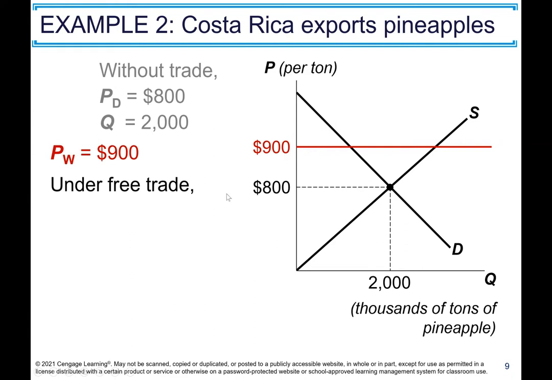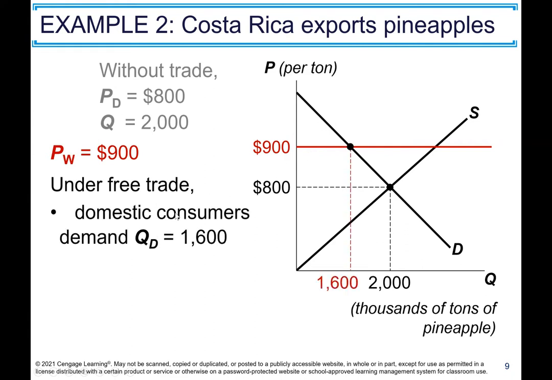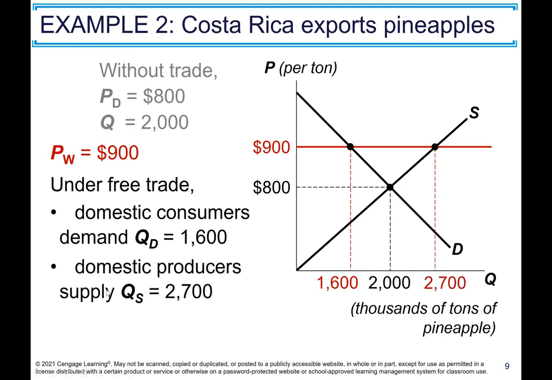Under free trade, domestic consumers' quantity demanded would shrink to 1,600 along the demand curve. Prices have gone up. Domestic producers would supply 2,700 along the supply curve.